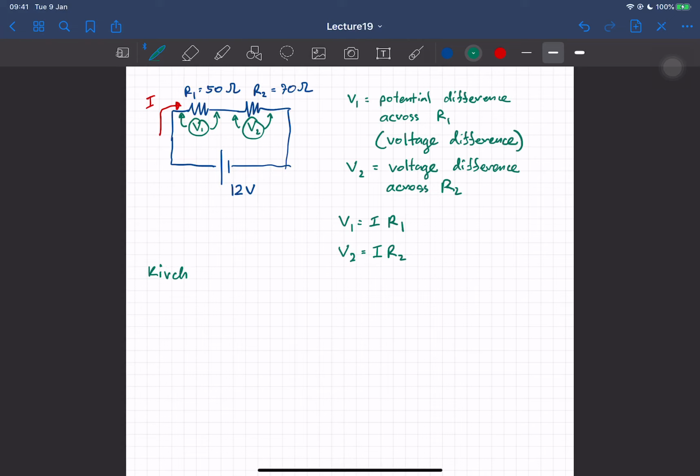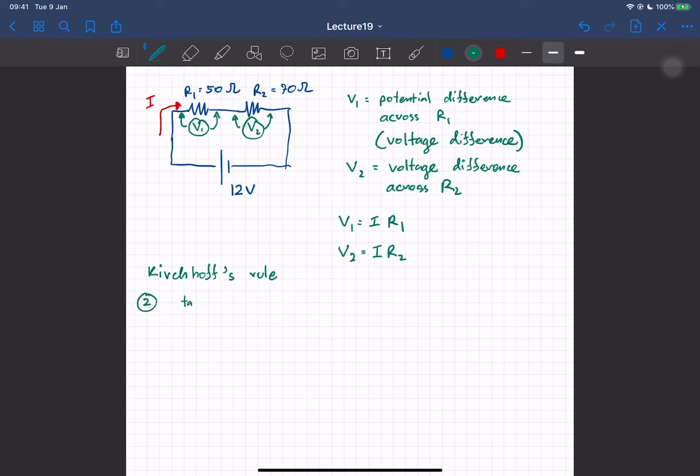So Kirchhoff's rules are rules that we can use to calculate the current in the circuit. So Kirchhoff's rule number 2. I'm going to talk about rule number 1 next time. So rule number 2 is this.